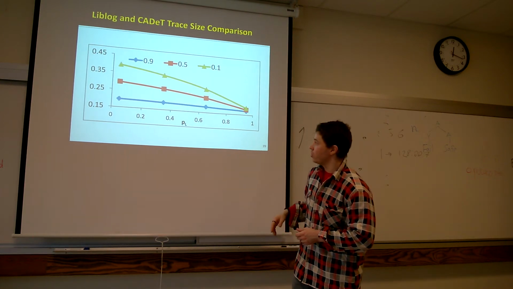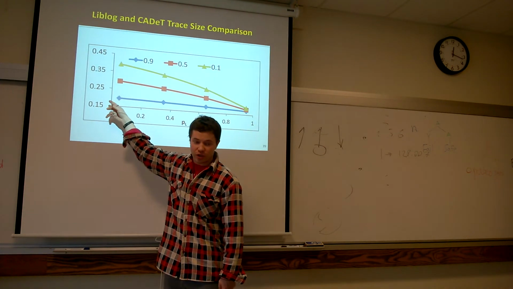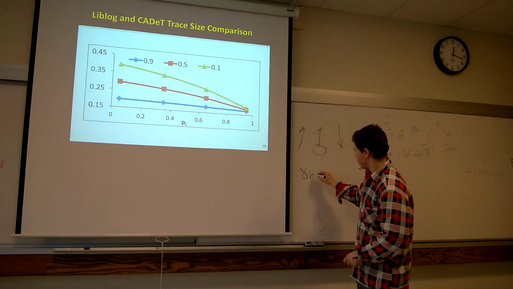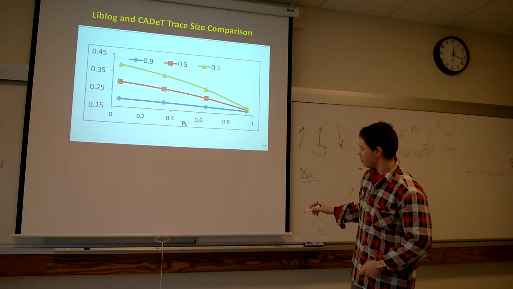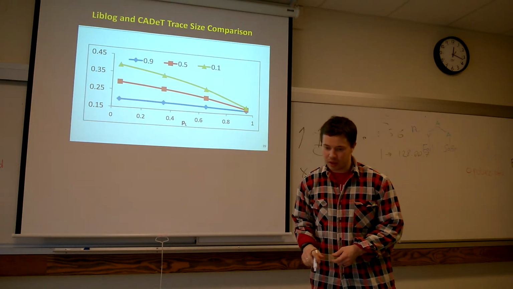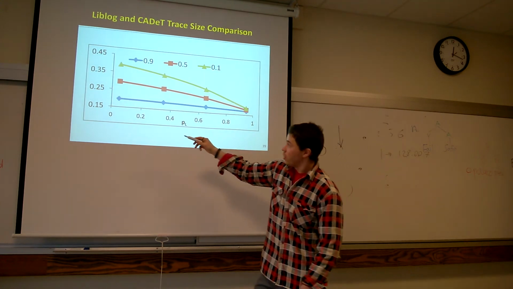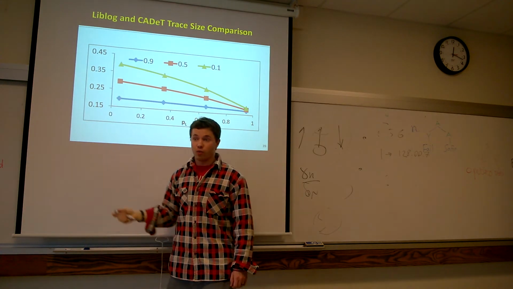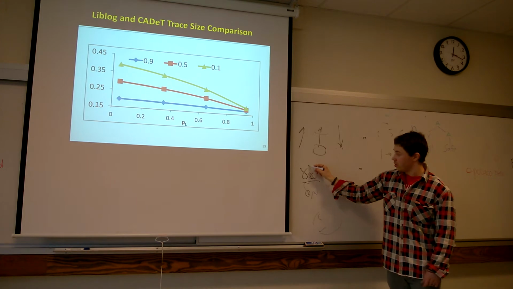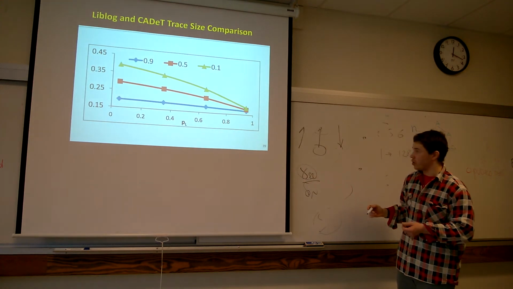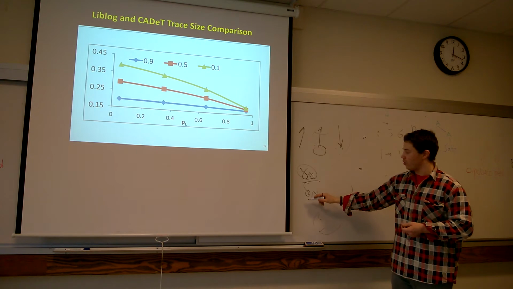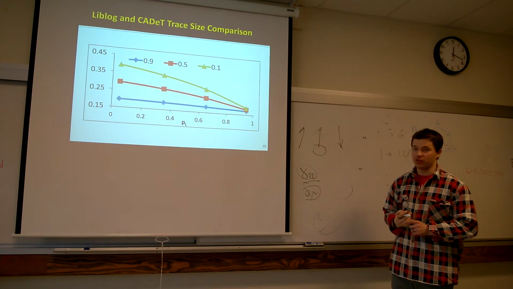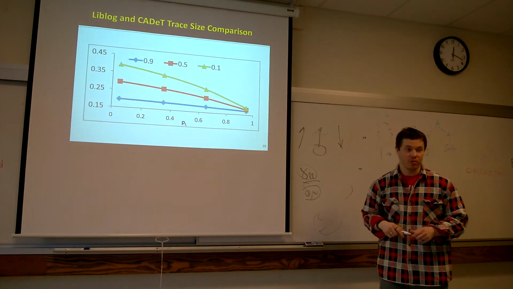This diagram, all you need to understand is that this relation that I put before, gamma n versus beta n, is in a range of 15 to 45%, which means it's just a small fraction of what liblog generates. So we have a significant reduction in trace size in terms of number of bytes.